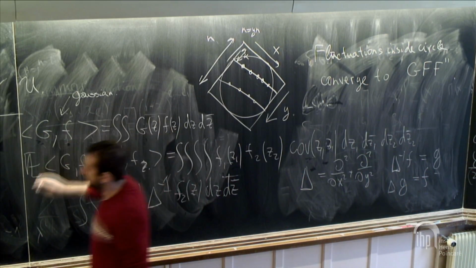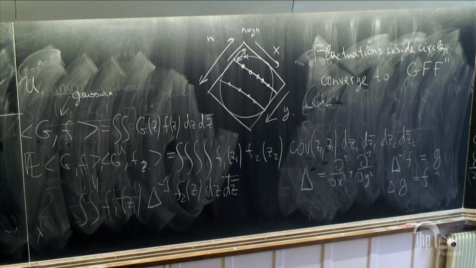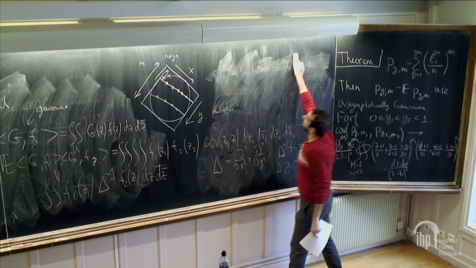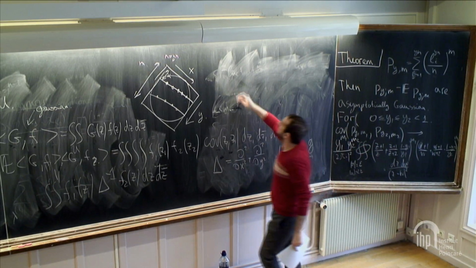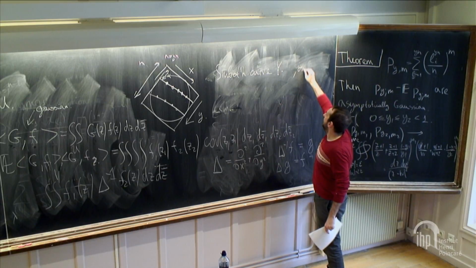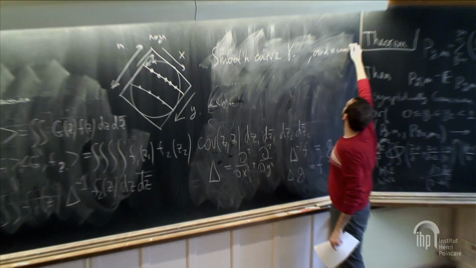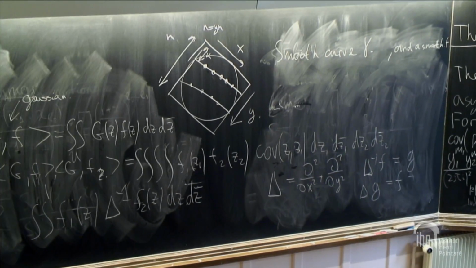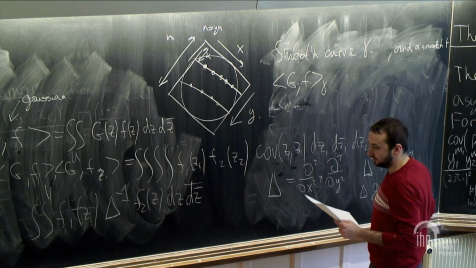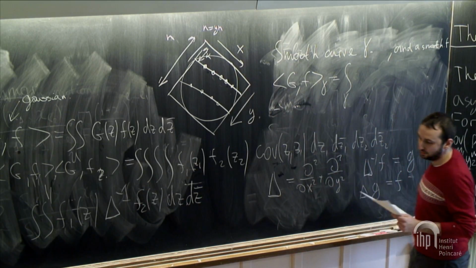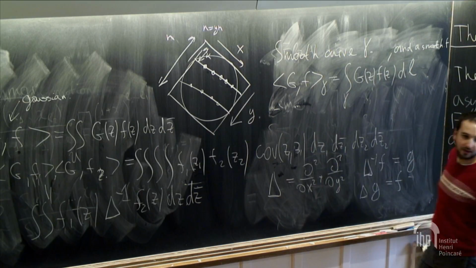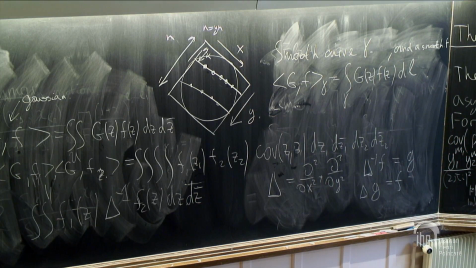Namely, if you have some smooth curve gamma, and a smooth function on that, which is defined on this curve, then you can define the pairing of your field with your function along the curve, in the most trivial way that you would guess, as an integral over gamma of g of z times f of z with respect to the length element of this curve.